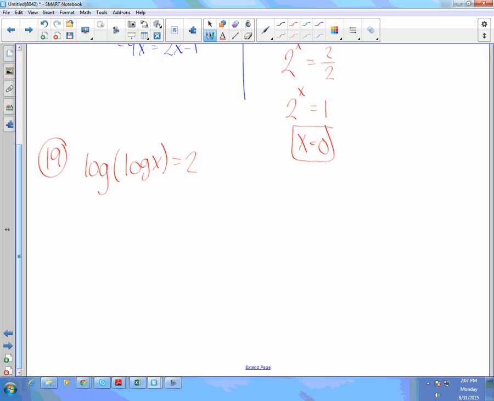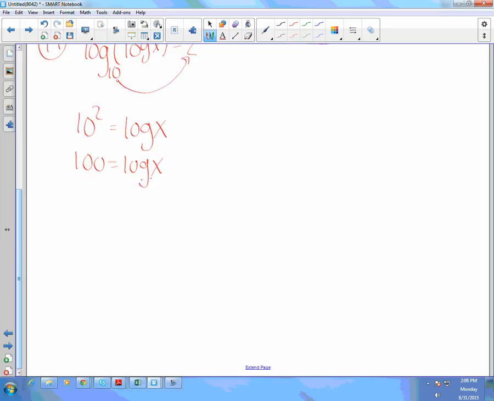Okay, let's see here. This is at what base? 10, so I'm going to try this. 10 squared equals log of x. What's 10 squared? 100 equals log of x. And I might go back. I was in the base. There's now an exponential.